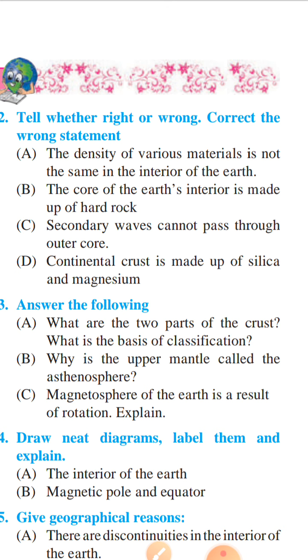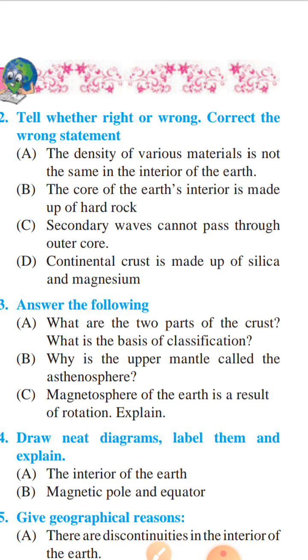Okay, so let us see again. The density of various materials is not the same in the interior of the earth. This statement is right. The core of earth's interior is made up of hard rock. This statement is also right. Third, secondary waves cannot pass through the outer core. This statement is also right.